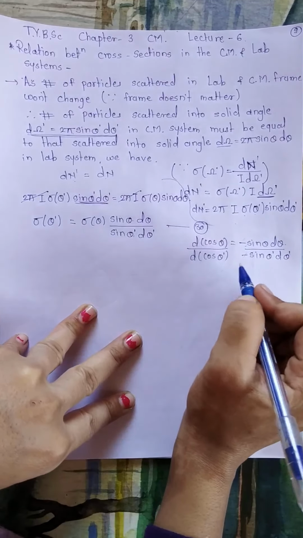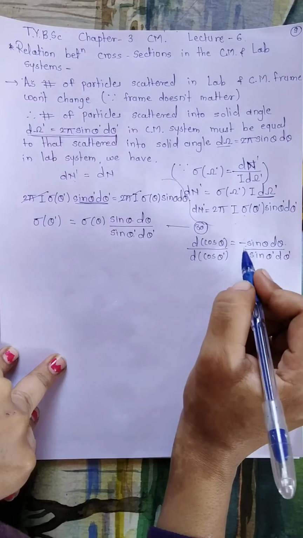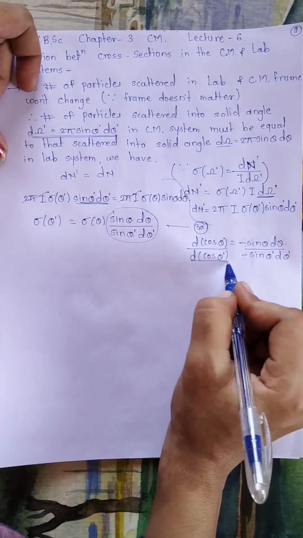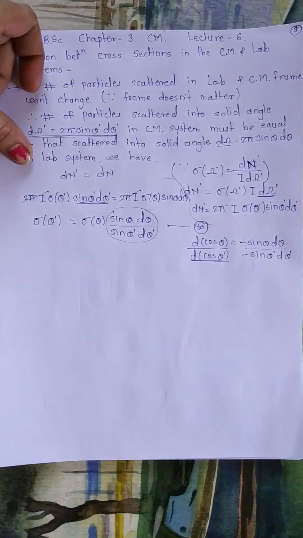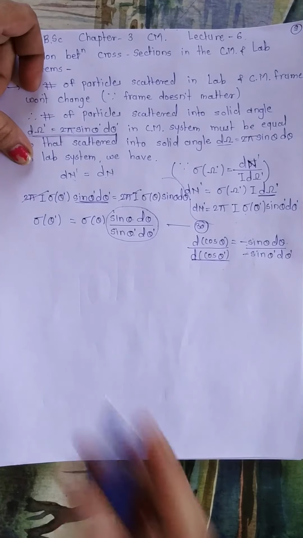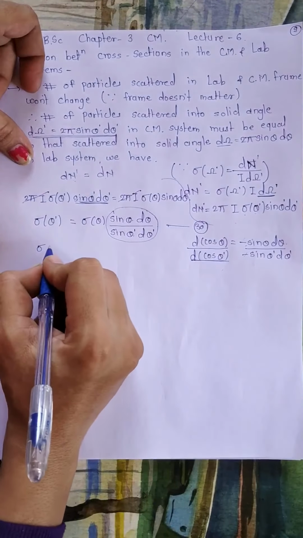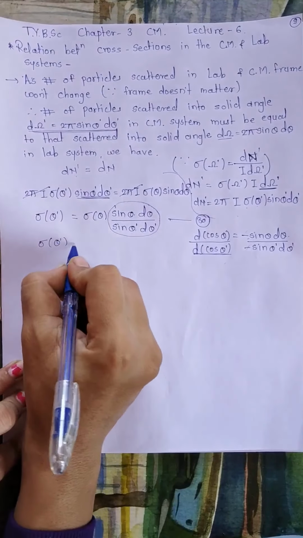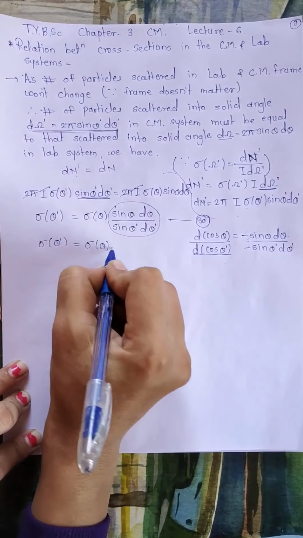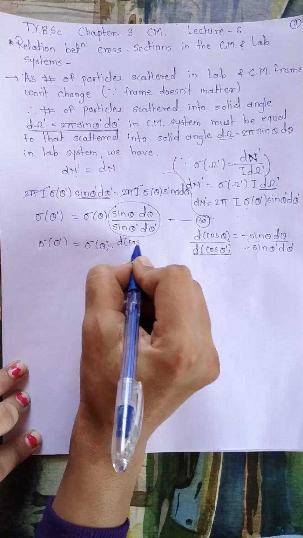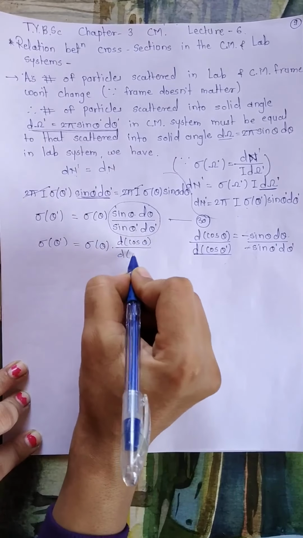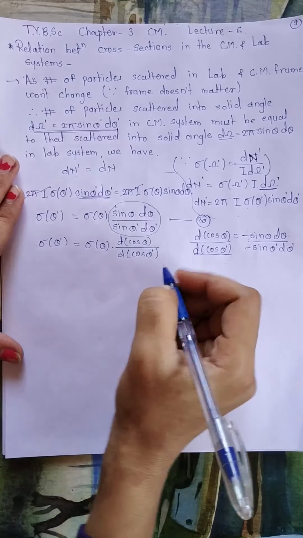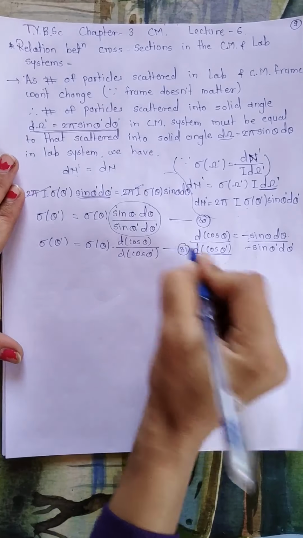So the minus sign will get cancelled, it will become plus. Therefore, instead of this whole ratio, I can write it in derivative form. So I will get sigma of theta dash as sigma of theta into the derivative of cos theta upon the derivative of cos theta dash. Now I will call this equation 31.